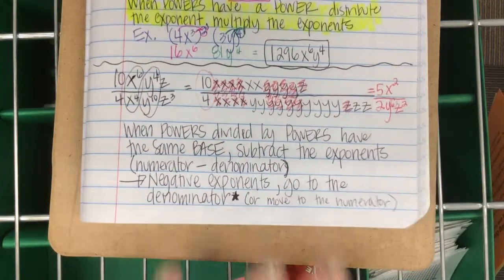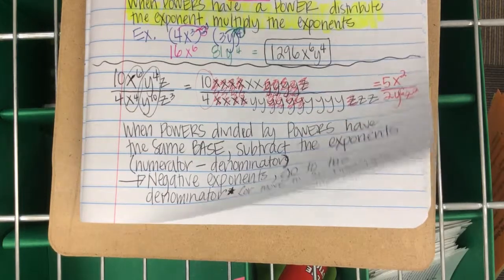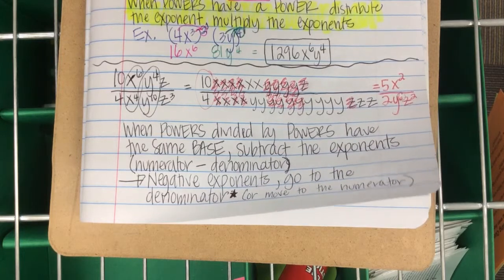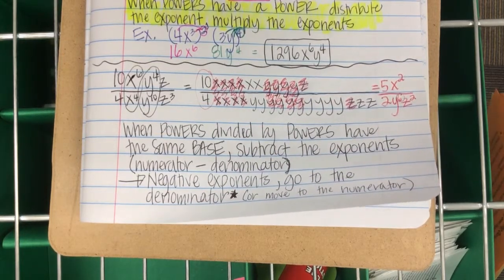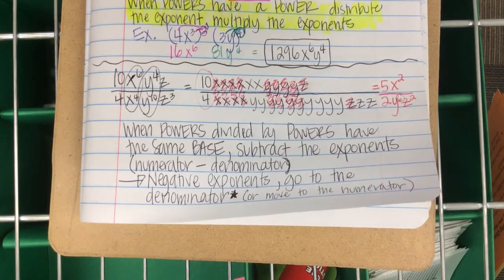Does that make sense why we put that little star there? Because it's not always true that it's going to go to the denominator. In this example, in 85% of these problems, yes, it goes to the denominator. But if they give you a problem where it's already in the denominator and it's negative, you have to move it to the numerator.